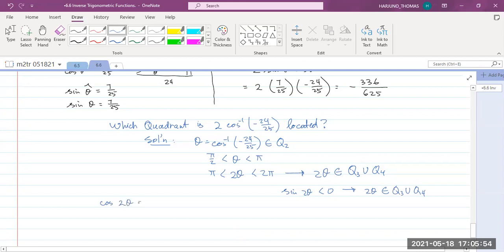Cosine 2 theta will be 2 cosine squared theta minus 1. I use cosine because that's what we have, right? This is 2 times negative 24 over 25 squared minus 1. So that's 2 times 576 over 625 minus 625 over 625. That is positive.